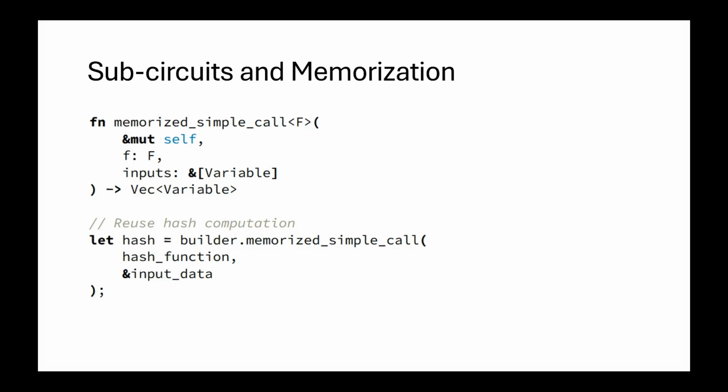In this case, you can memorize it, and it will be a reference to your component, and the proving time and verification time will be quicker than the normal case.